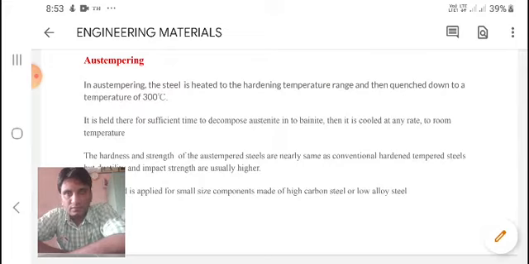And then we discussed tempering and its three different types: one is low temperature tempering, the other is medium temperature tempering, and the third is high temperature tempering.